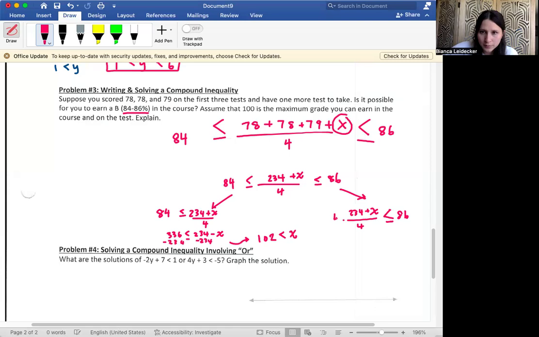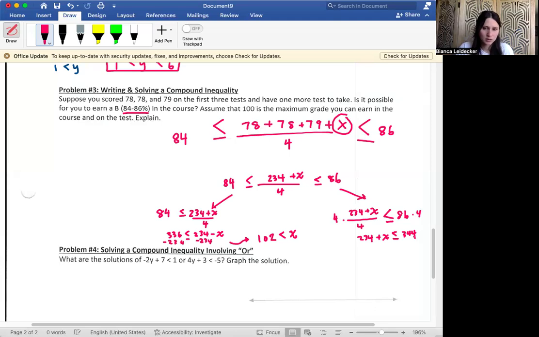Over here, multiply by 4 on both sides. 234 plus x is less than or equal to... plug it in, 86 times 4 is 344.